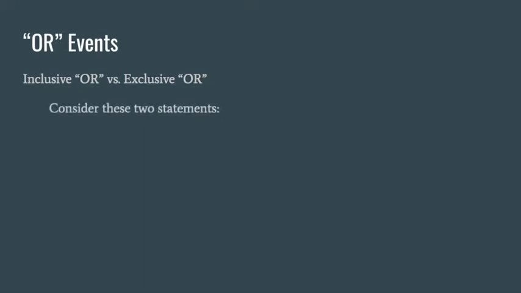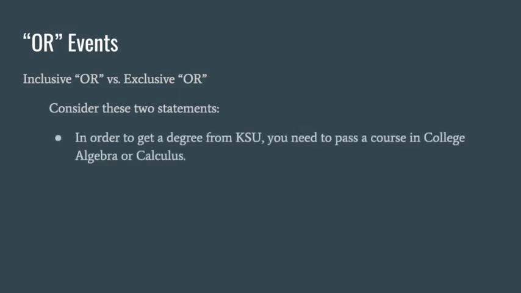And so I think we need to parse these out and make sure that we understand which of the 2 we're talking about. So think about these 2 statements. First one is, in order to get a degree from KSU, you need to pass a course in college algebra or calculus. Second statement, you can have soup or salad with your entree.